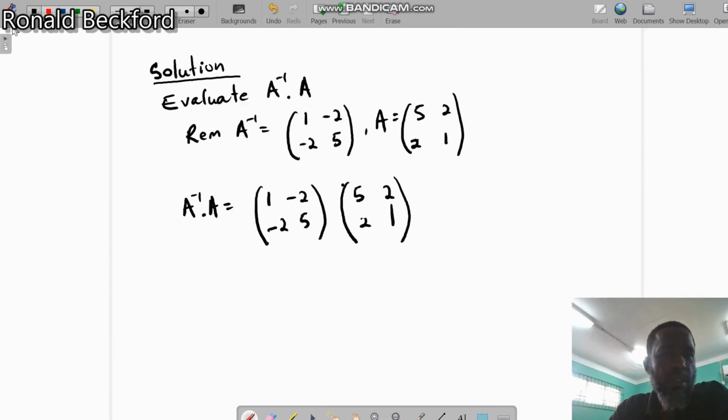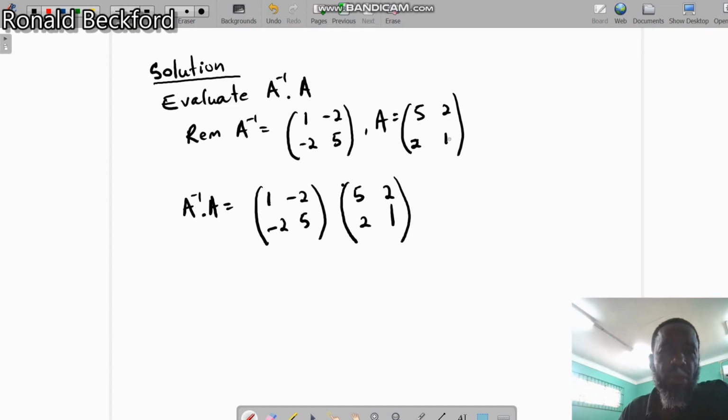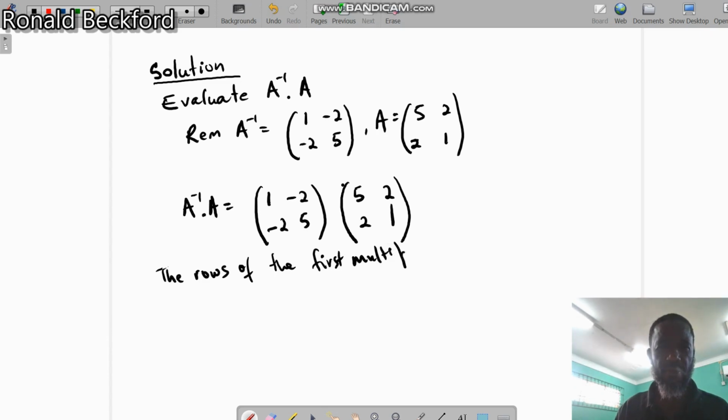Now, the second part of the question asks that we must evaluate A inverse times A. Remember, A inverse was equal to 5, negative 2, negative 2, 1, and the matrix A was equal to 1, 2, 2, and 5. Now, whenever we're multiplying matrices, we must remember the rows of the first multiply by the columns of the second.